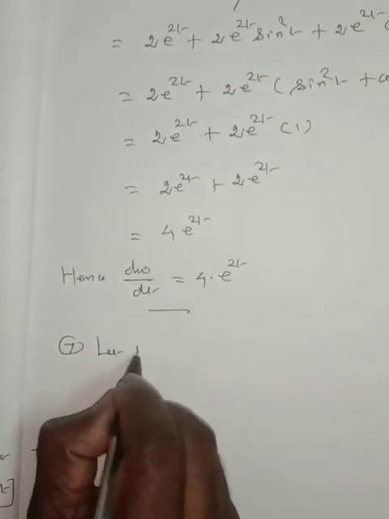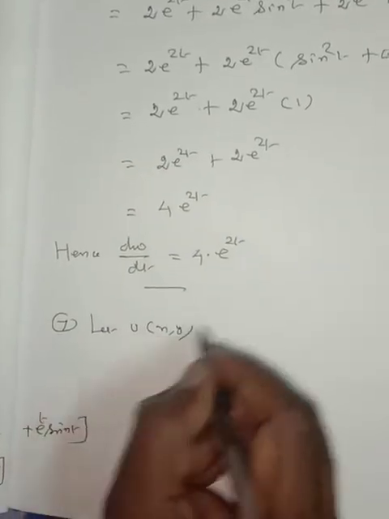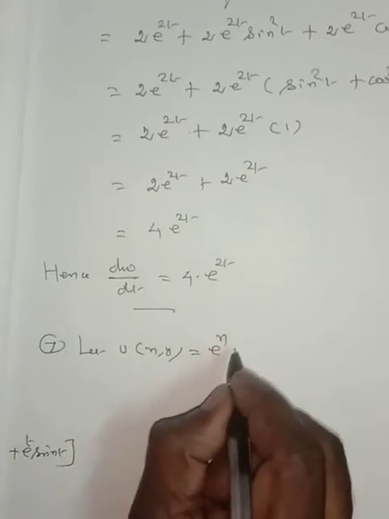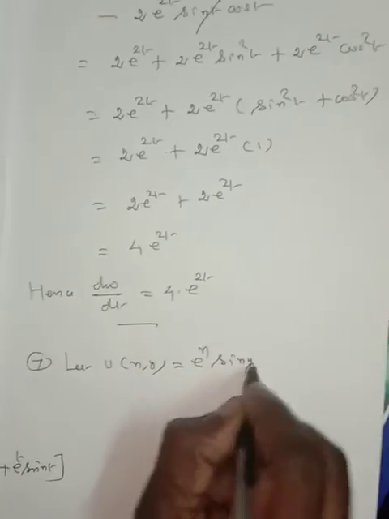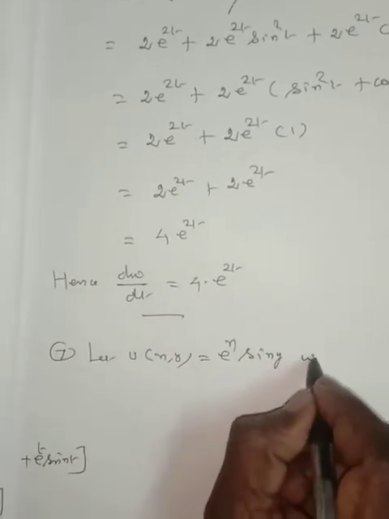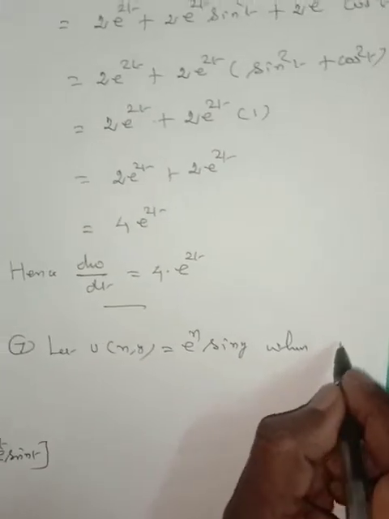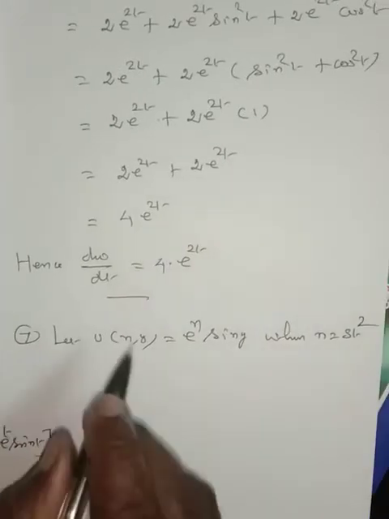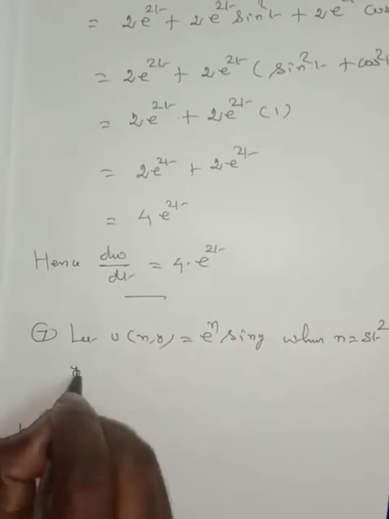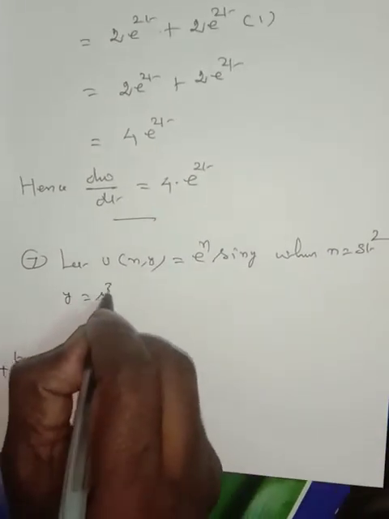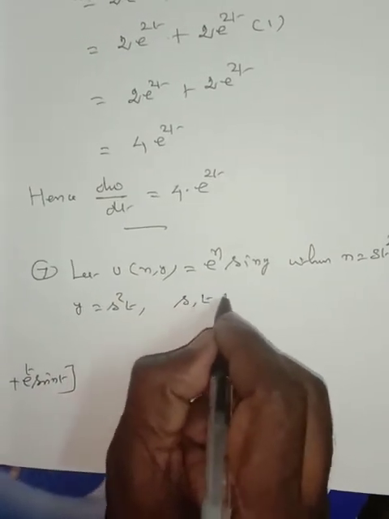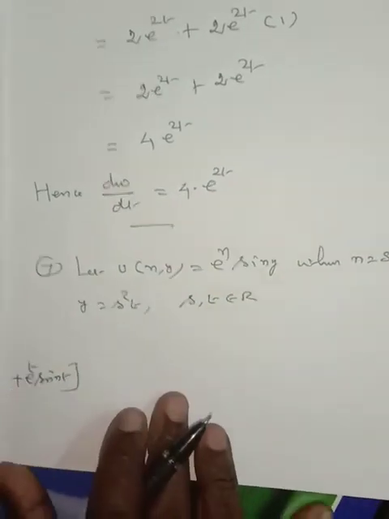Let u of x, y is equal to e to the power of x sin y, where x is equal to s t square, y is equal to s square t, where s and t belong to the real number set.